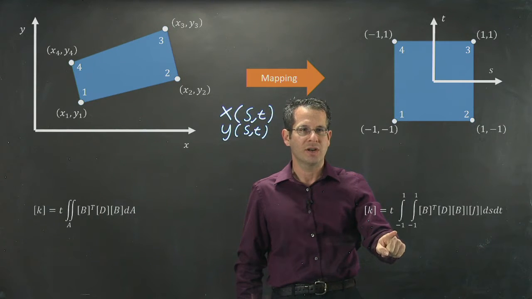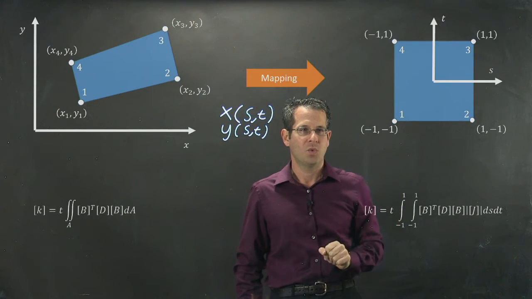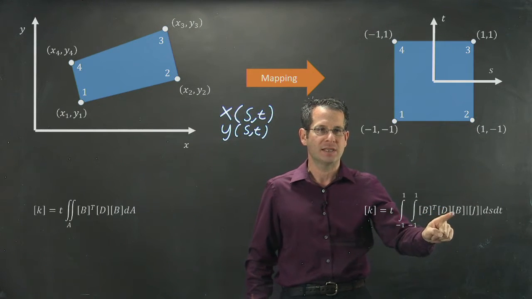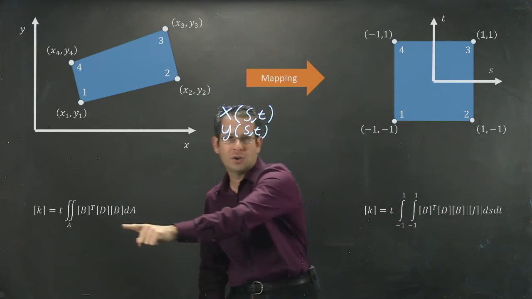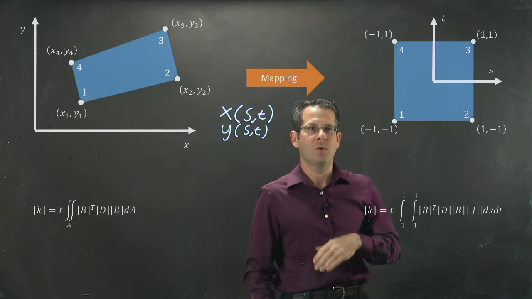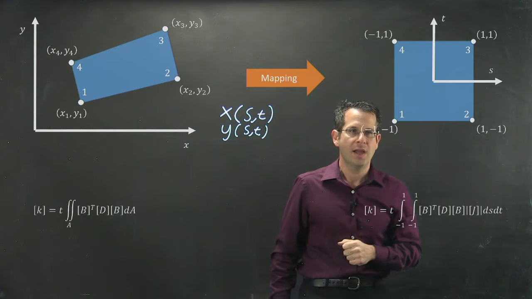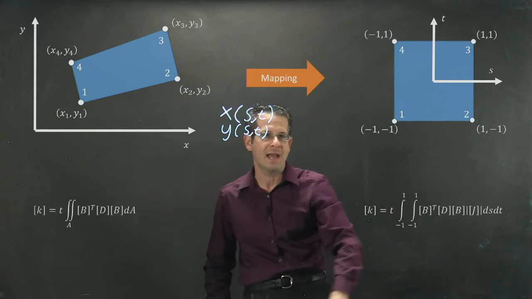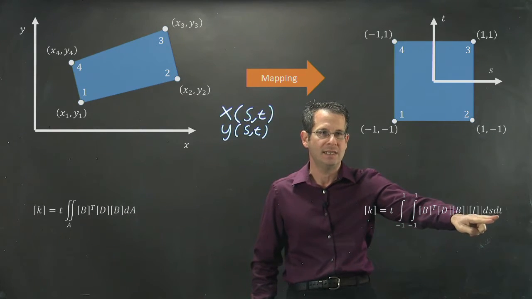My bounds of integration are going from -1 to 1. My B matrix, D matrix, and B matrix that are over here are also over here. The B matrix will take on a slightly different form, and we'll discuss that in a future video. The only thing different is that now, instead of a generic dA, I'm integrating over ds dt.